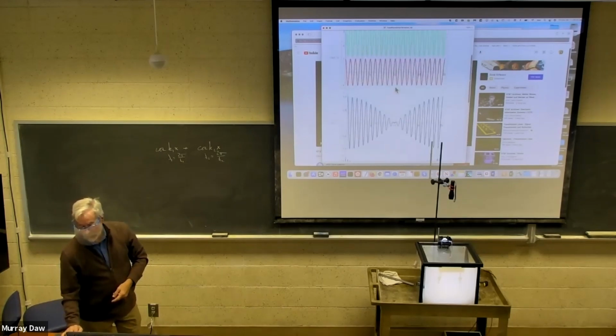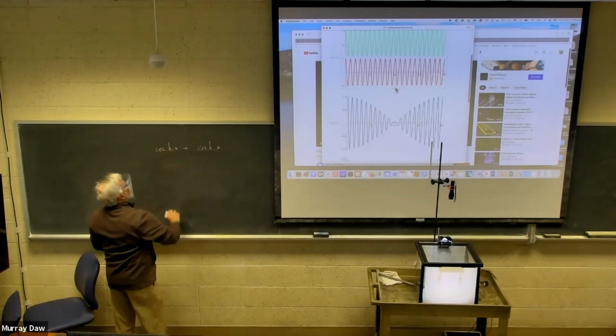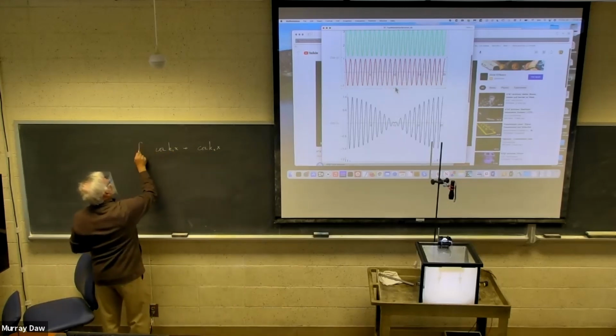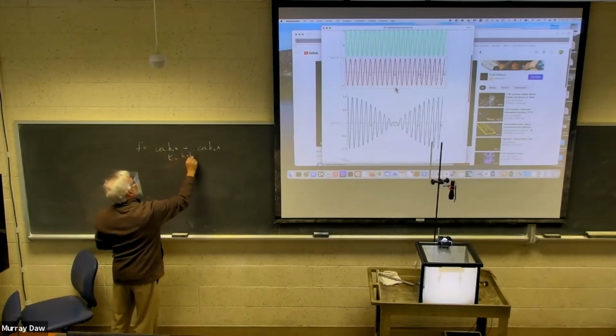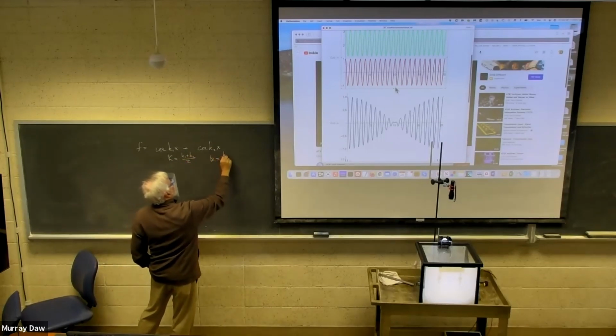Okay. Now let's see mathematically how that happens. I can use the properties of the trig functions. So let's define big K as the average of the 2 wave numbers, and little k as the difference.